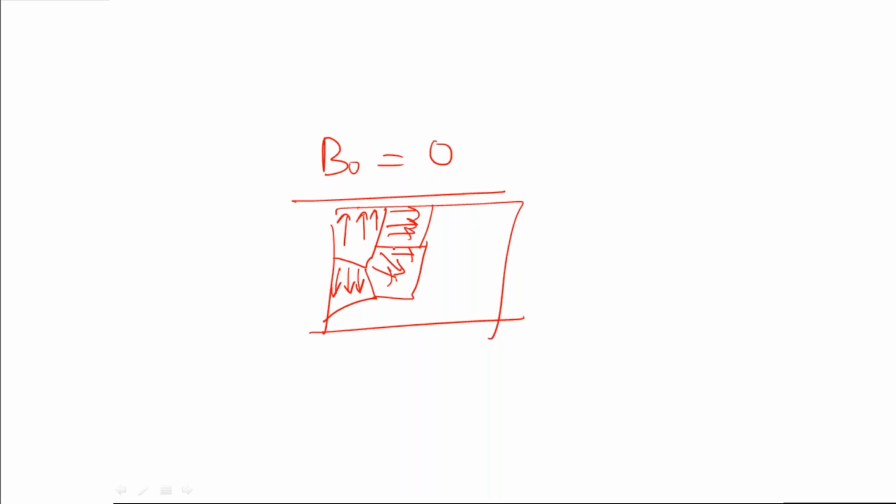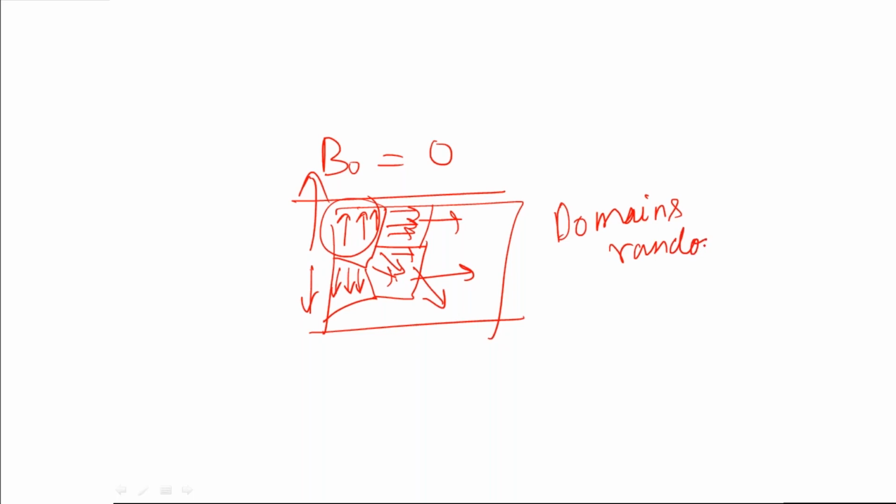That means these domains are individually magnetic, but all the domains are not aligned in the same direction. This one is directed in this direction, this is lower, this is somewhere in this direction, and this is to the right. So you can see that these magnetic domains are random.